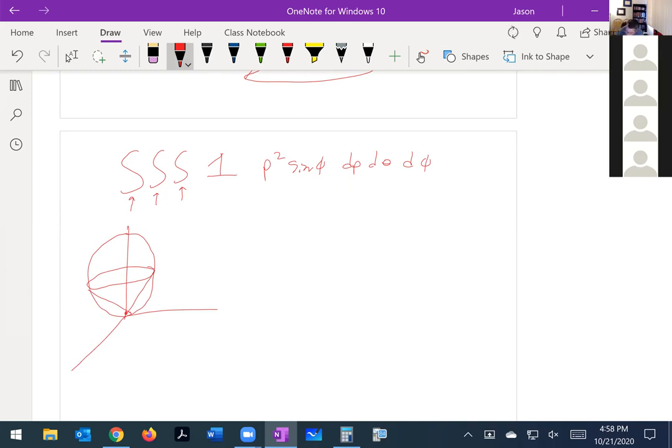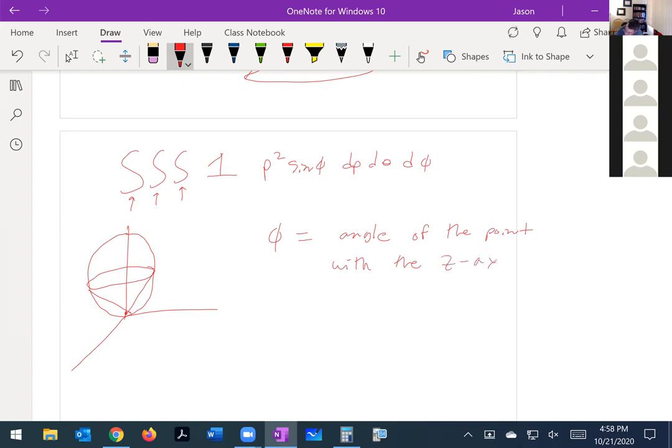What was the definition of phi? Phi is the angle of the point with what? With the z-axis, right? Thank you.